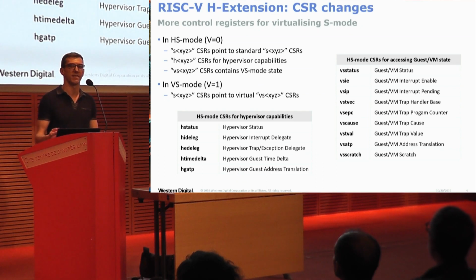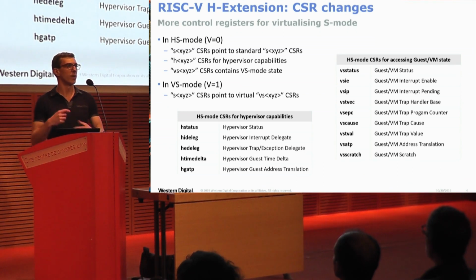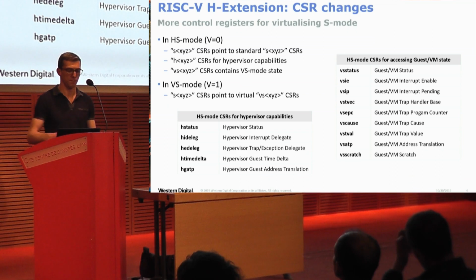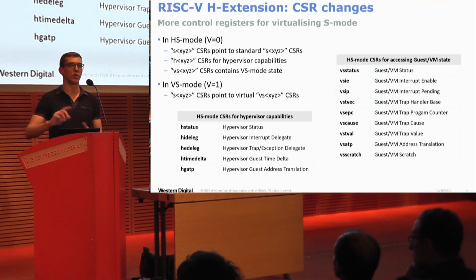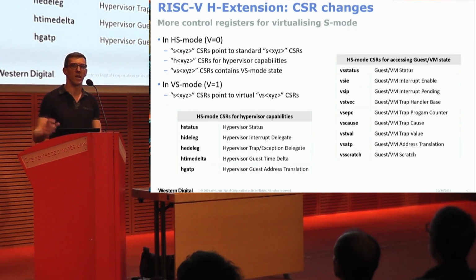Then we have these VSCSRs, which are the virtualized guest SCSRs. So the hypervisor can read and write these and modify them and use them to load and save, restore context and things like that. And when you trap or change into the hypervisor, the hardware will automatically alias the SCSRs to the VSCSRs. And so this is what QEMU has to do.